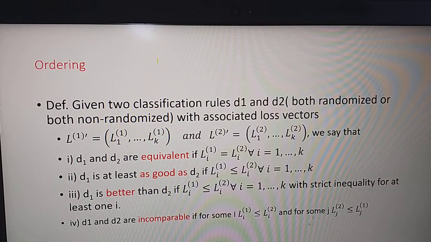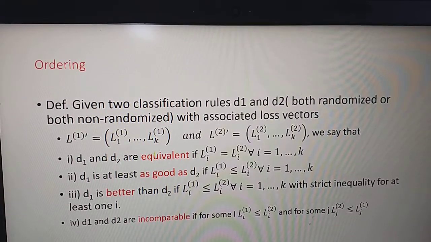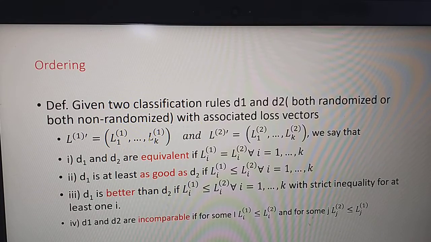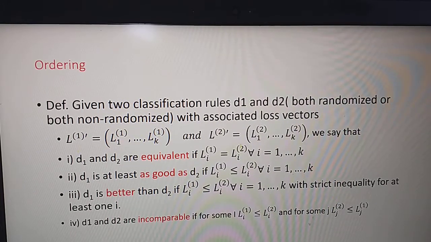Now here is the ordering. Given two classification rules D1 and D2, both randomized or both non-randomized, we can compare D1 and D2 with associated loss vectors L1 prime = (L11, L12, ..., L1k) and L2 prime = (L21, L22, ..., L2k).